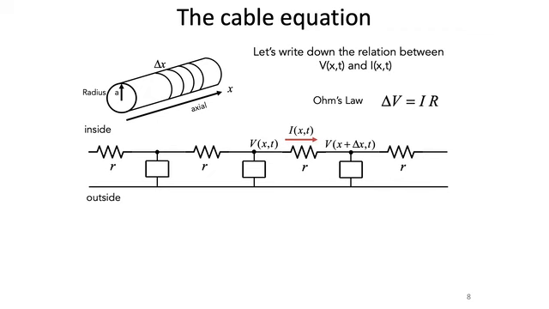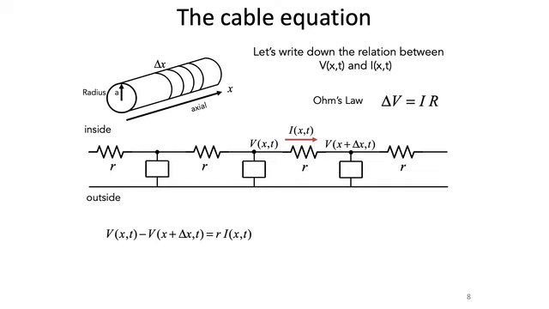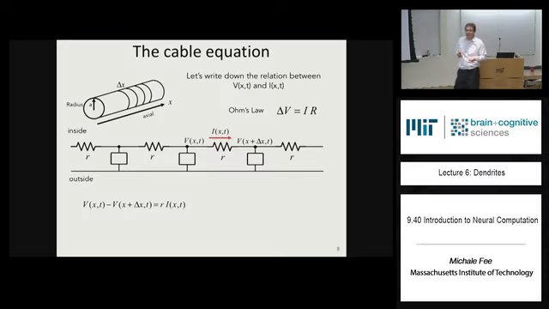So the voltage difference between here and here is just going to be the current times that resistance. Very simple. So V of x and t minus V of x plus delta x, comma t, is just equal to little r times that current.